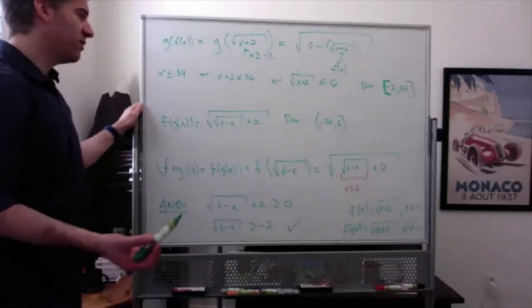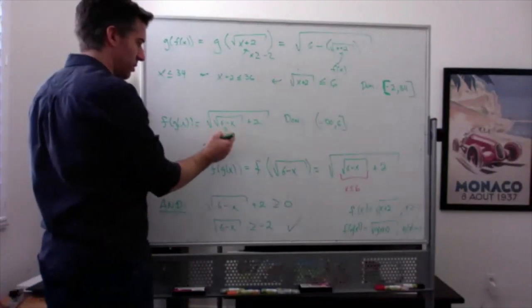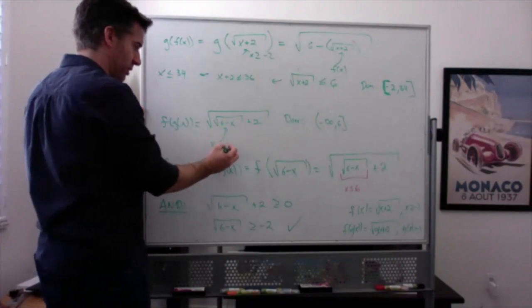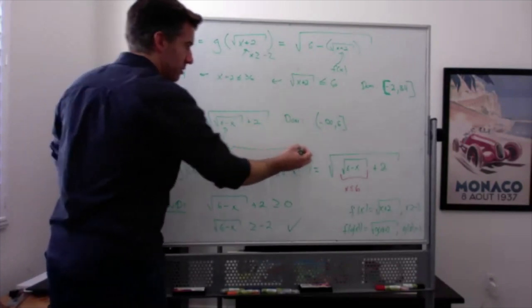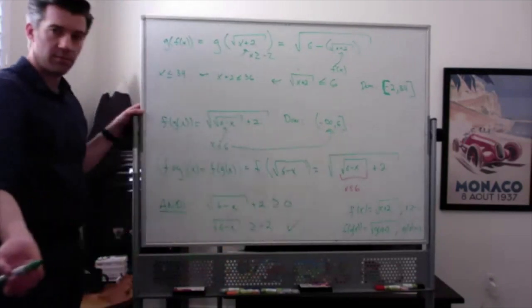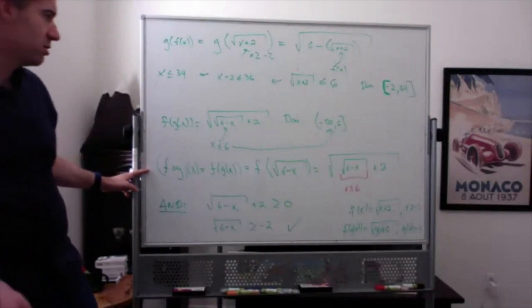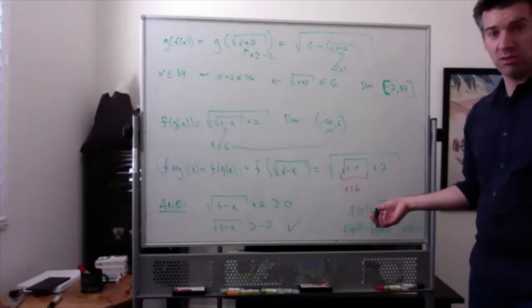Sure. So for the previous one, right, the inner function already had a domain of x being less than or equal to 6, which is the same as that. And then what we saw was that when we did the composition, there was no further restriction, right?